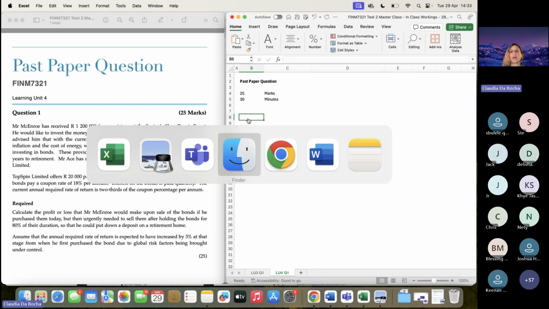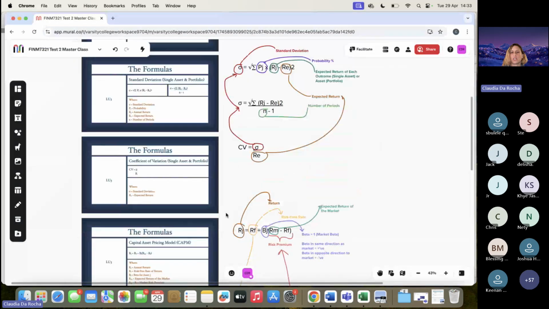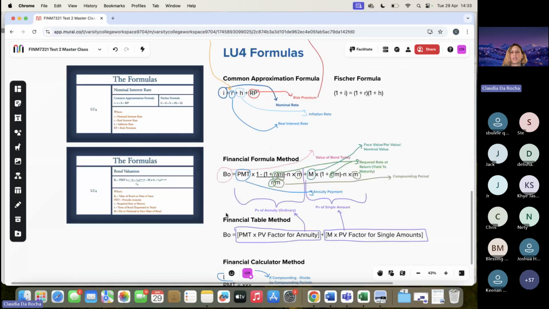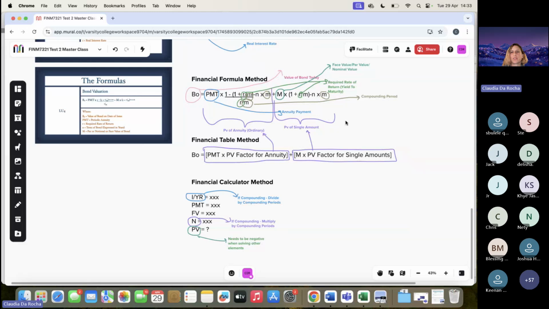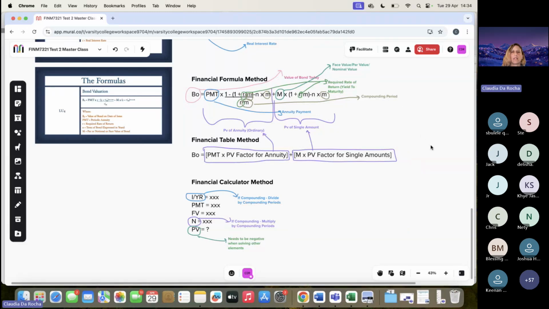So let's go back to our little sheet. Okay, so this is our bonds. This is where we are. So you've got three options. You can use formula, you can use table, or you can use calculator method. So I'm going to use the calculator method because that is, first of all, the easiest and the quickest.